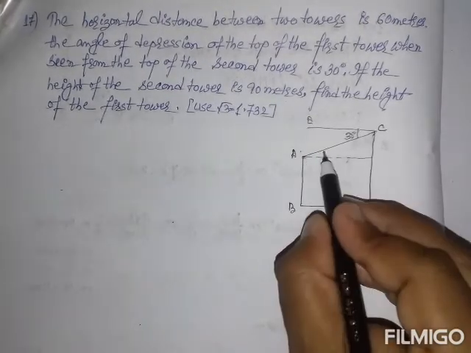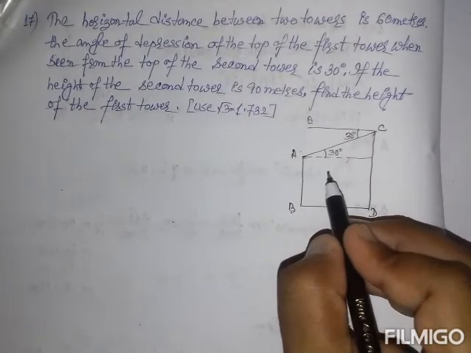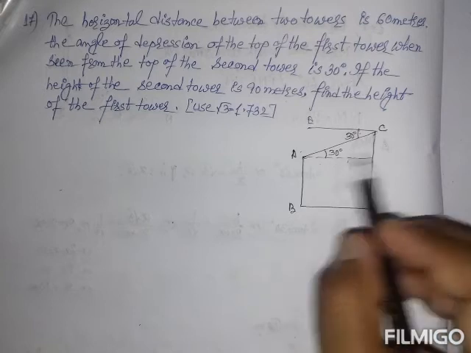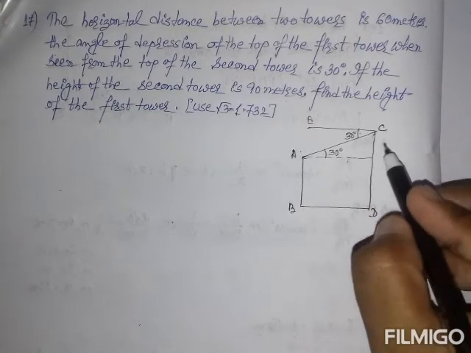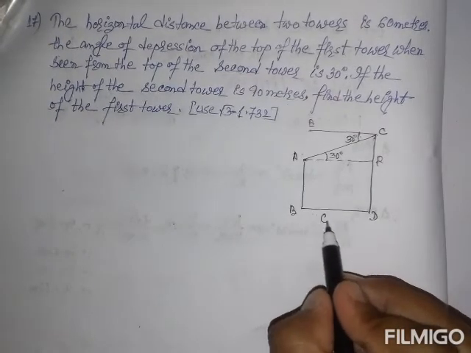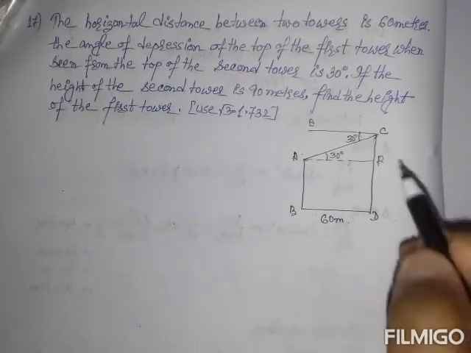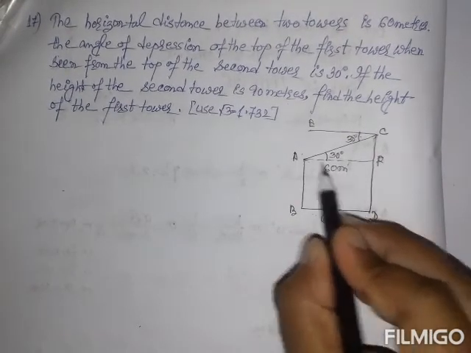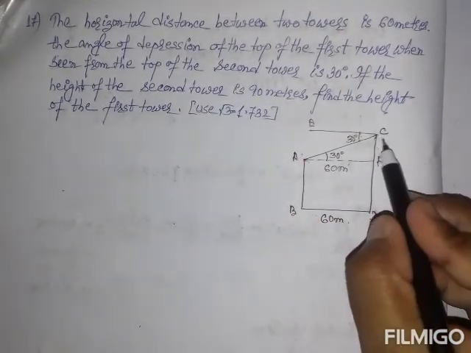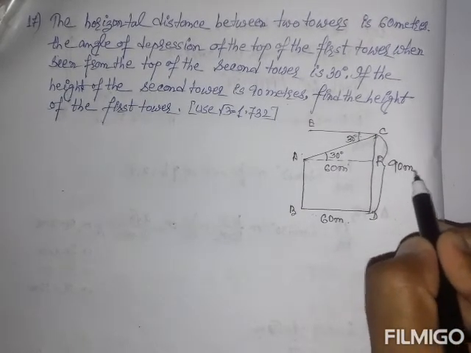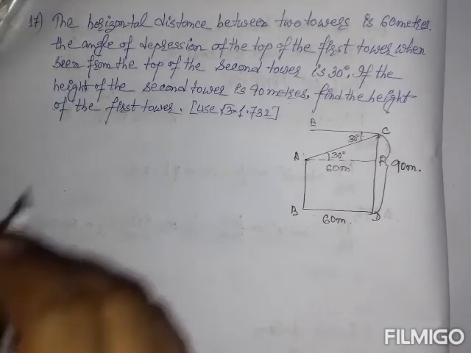Now we can join this. This is 30 degree. Angle of depression is equal to angle of elevation. Okay, it is F. BD is equal to 60 meter, so AF is equal to 60 meters, the same, and CD is equal to 90 meter, the height of the second tower.